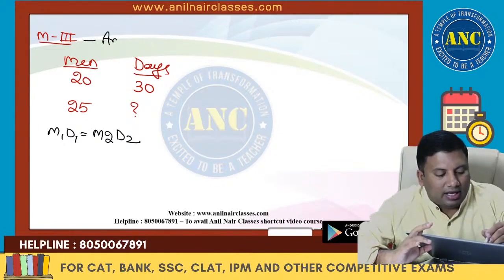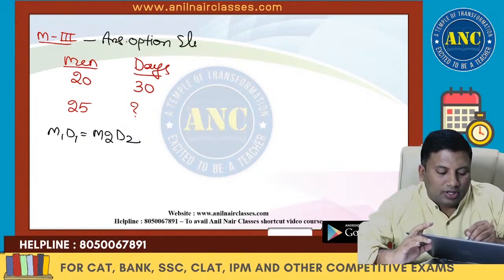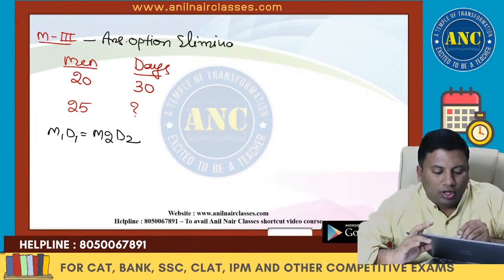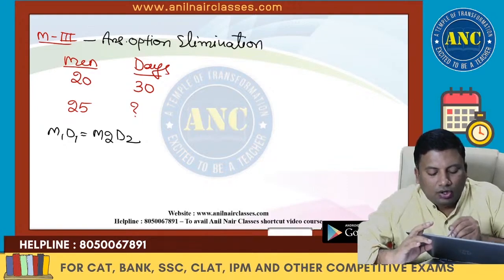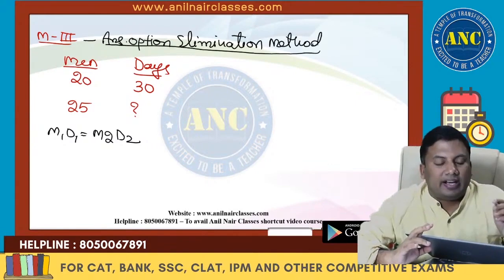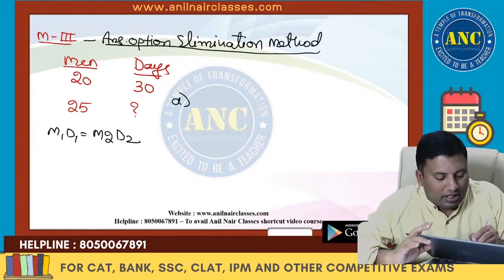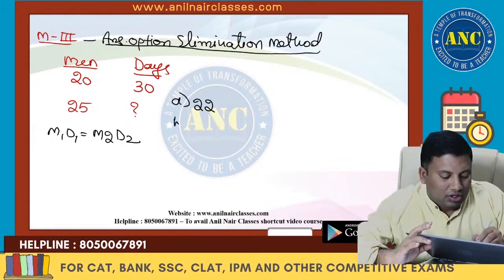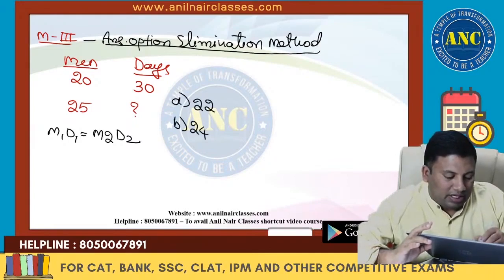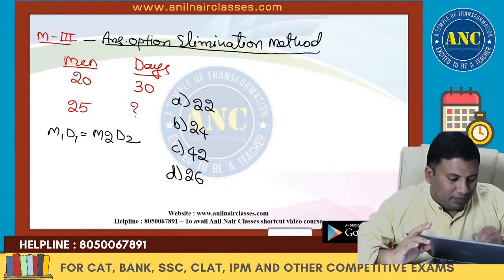This is nothing but an answer option elimination approach. You don't need to multiply, and you don't need to use the A increases, B decreases method. Suppose the options are 22, 24, 42 and 26.